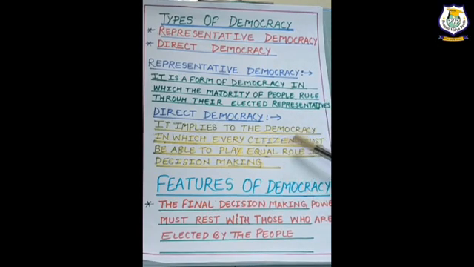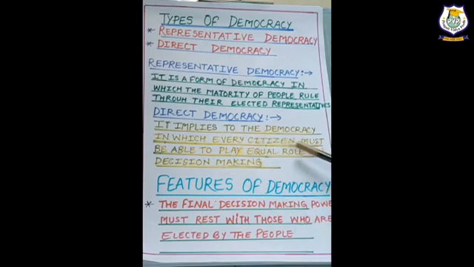Whereas direct democracy is basically a form of government at village level in which almost every individual of the village gathers together and takes decisions on various issues and problems, and also gives suggestions.